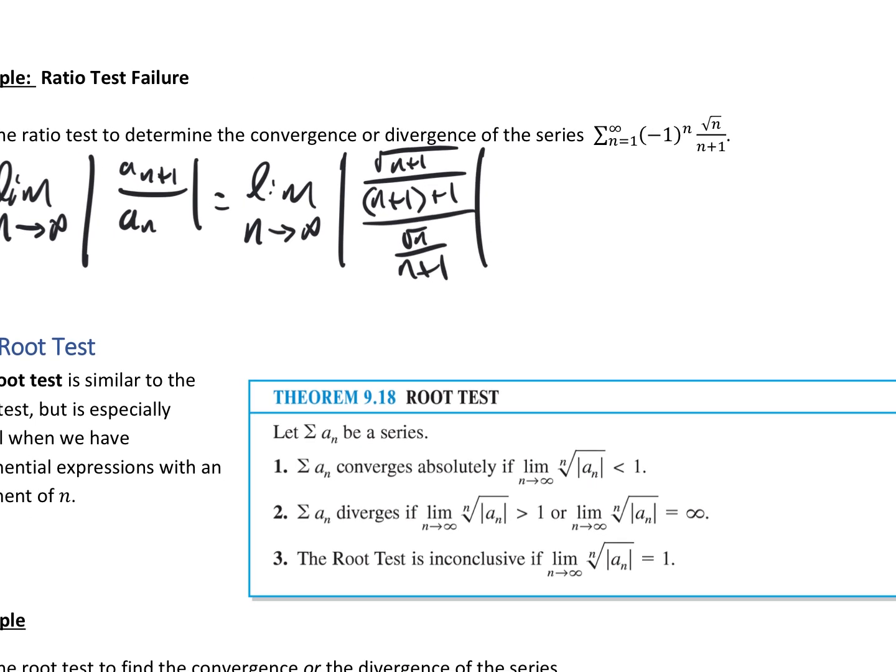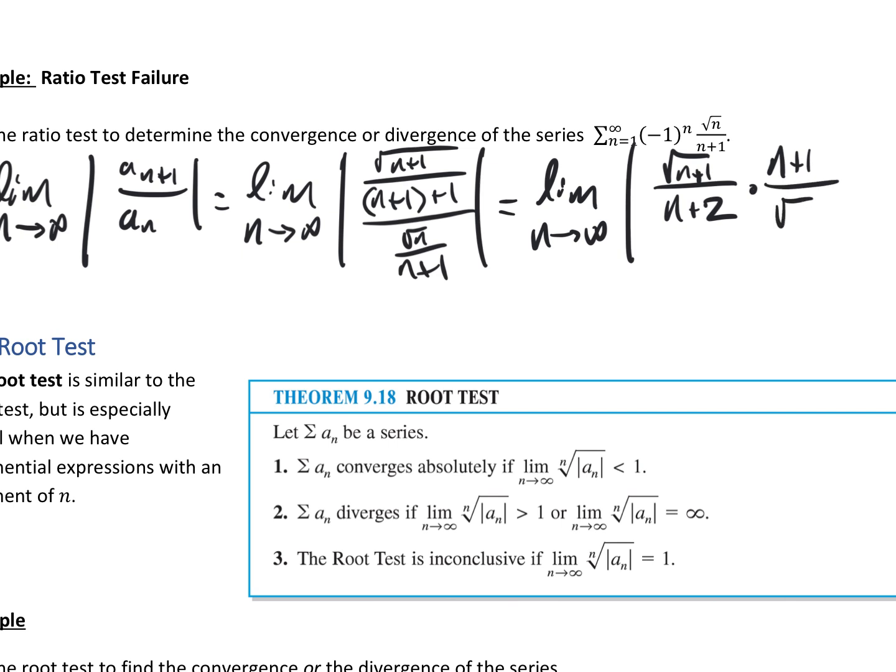All right, and I dropped the negative 1 because we're taking the absolute value there. All right, so this is equal to the limit as n goes to infinity. Let's clean it up a little bit. We got the square root of n plus 1 all over n plus 2 times n plus 1 over the square root of n.